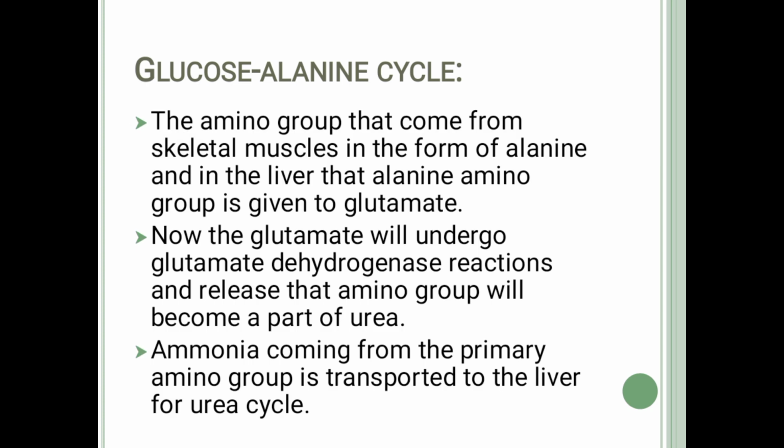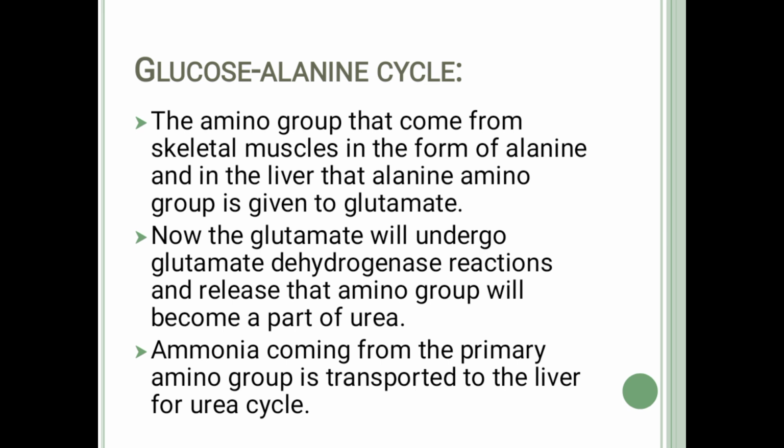Now, what about the amino group that came all the way from skeletal muscles in the form of alanine? In the liver, that alanine amino group is given to glutamate. Now the glutamate will undergo the glutamate dehydrogenase reaction and release that amino group, and that amino group will become a part of urea.